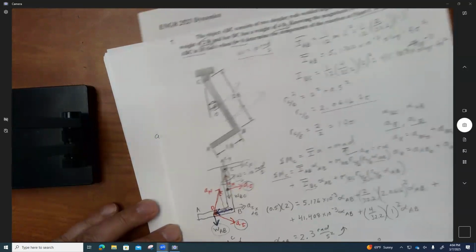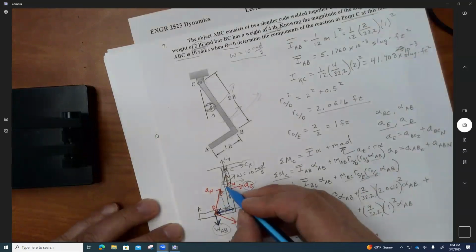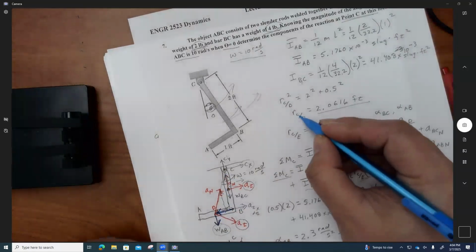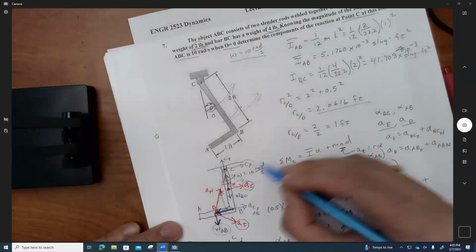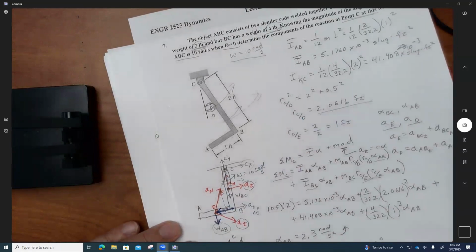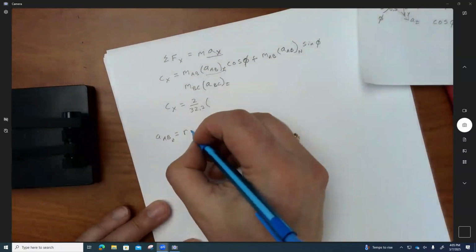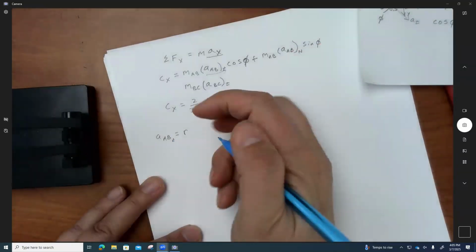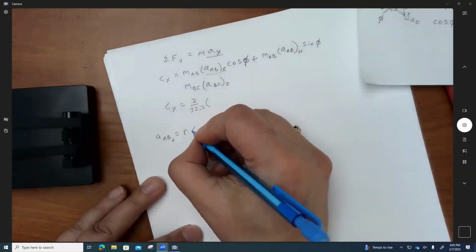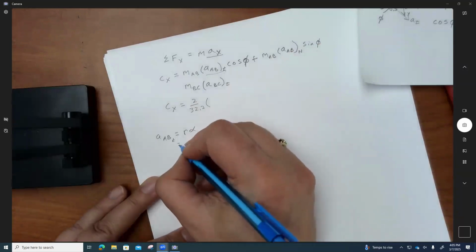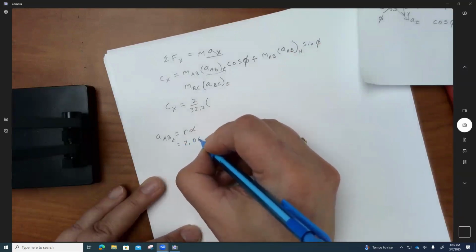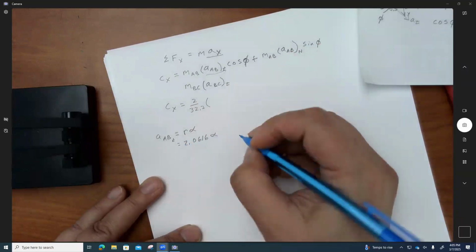That was equal to our R component, which is going to be the R of C relative to D component of 2.0616. So R times alpha. And so that R is 2.0616 times alpha.